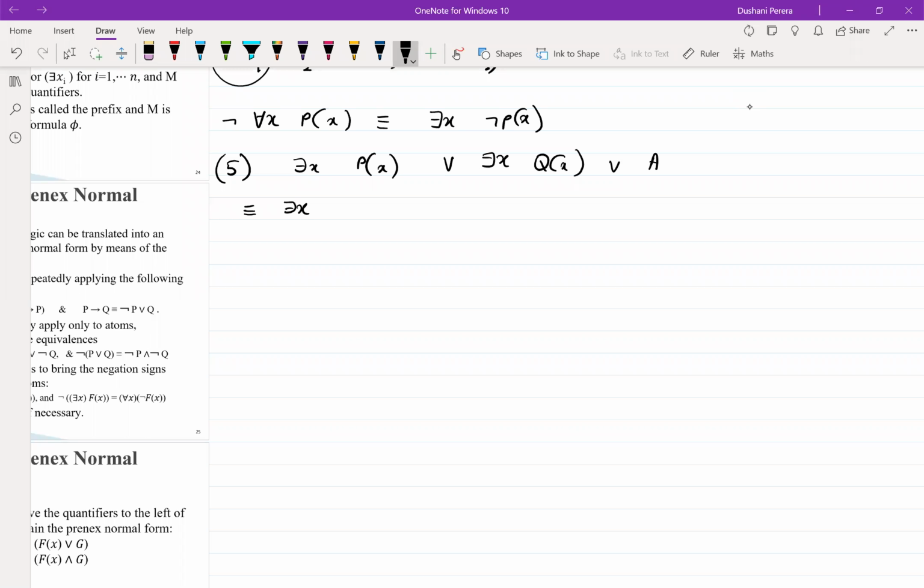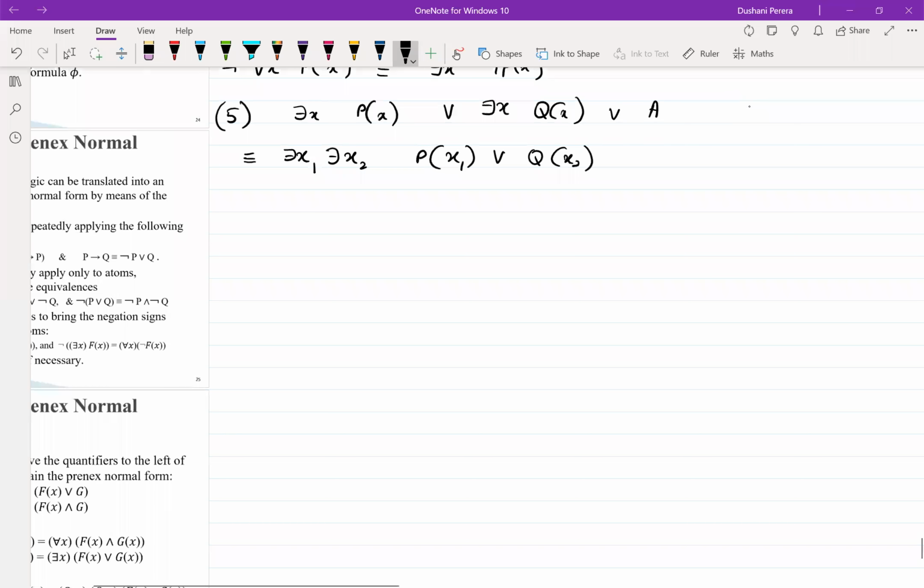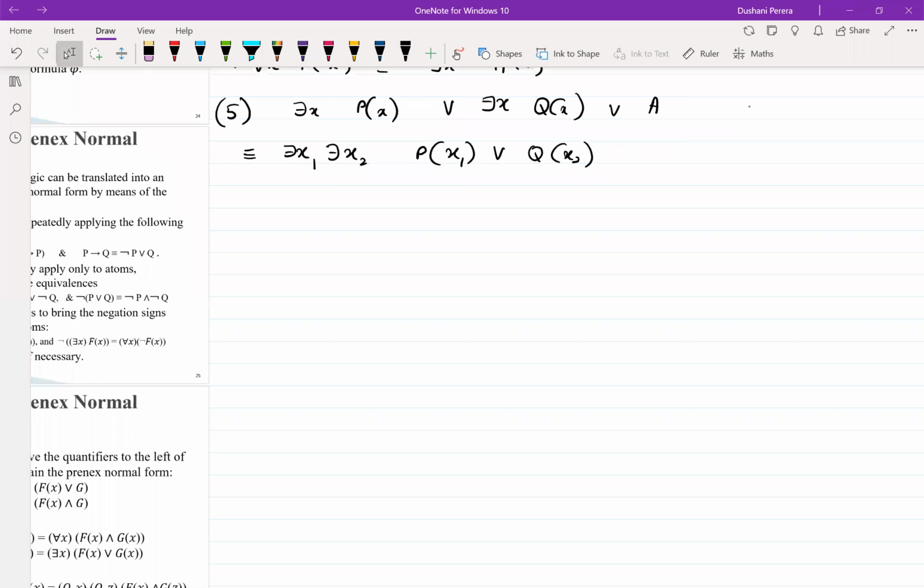The only thing we'll do is take the quantifiers to the prefix, the first part of the formula. I'll rename the bound variables so it's clear: I have x1 and x2, so P(x1) or Q(x2). In this case renaming might not be necessary, because you don't have a mixture of quantifiers here. But with the second one, you might have to.